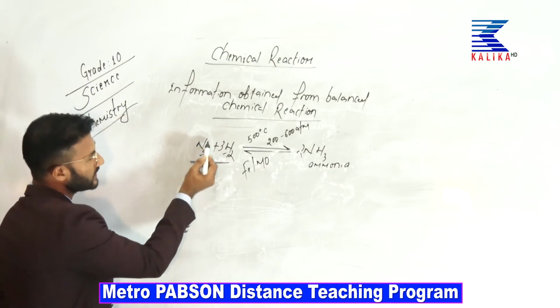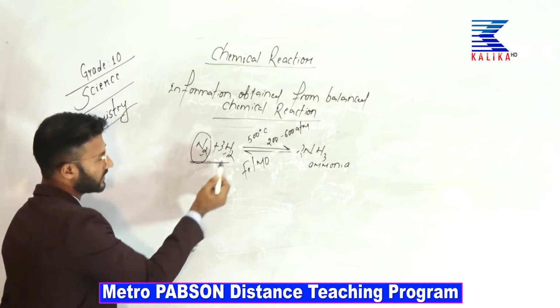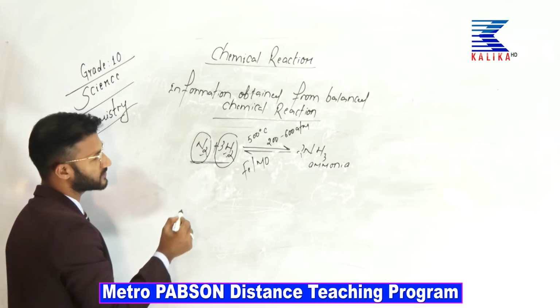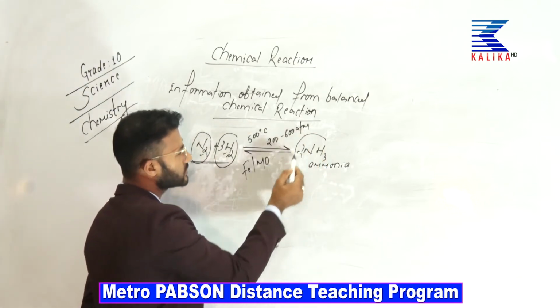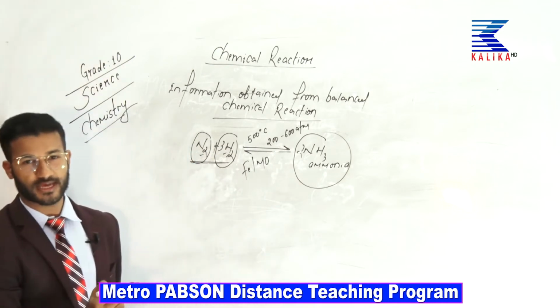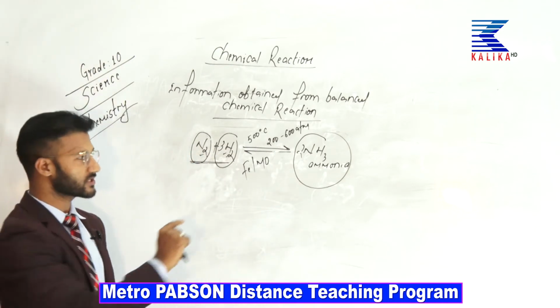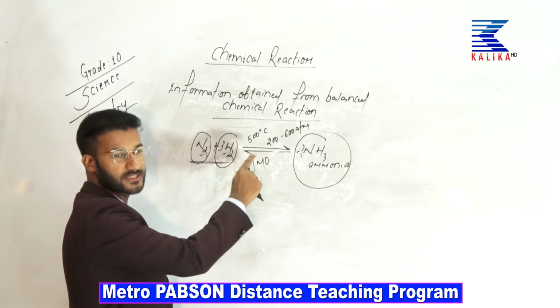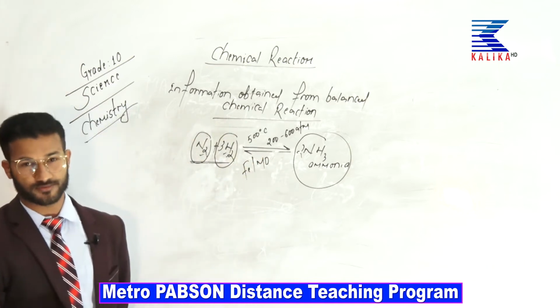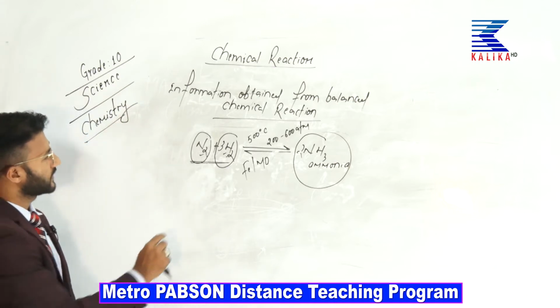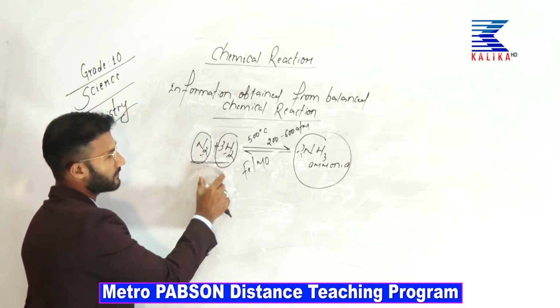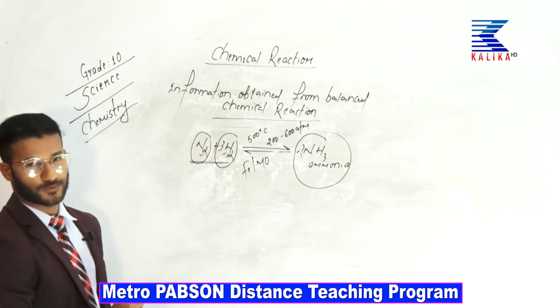I mean to say 2 atoms of nitrogen and 6 atoms of hydrogen are at least needed to produce 2 molecules of ammonia gas. But make sure this condition is always needed, otherwise it is not possible that reaction takes place.